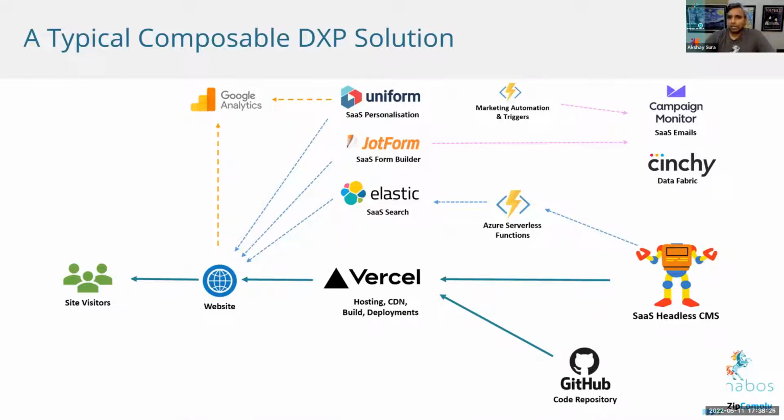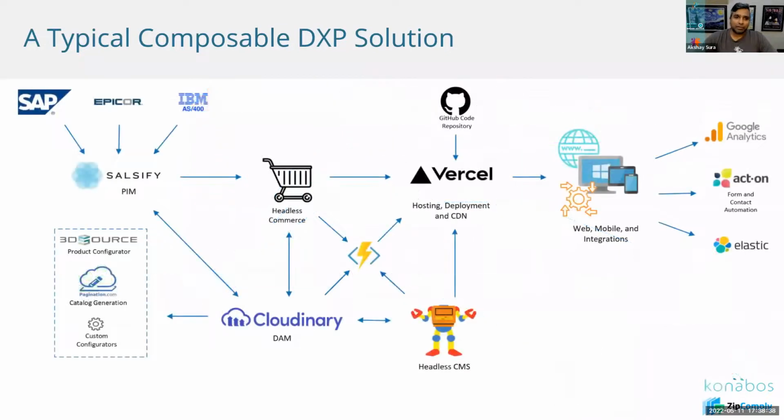But the biggest difference here is in order for us to communicate with some of the systems, we have to use serverless functions, whether it's AWS Lambda or Azure serverless functions. It's totally up to you and your flavor. But whether you have commerce or just a Sitecore XP or an XM, you could supplement all of these systems or use something existing.